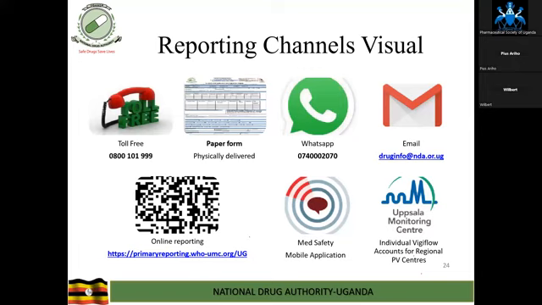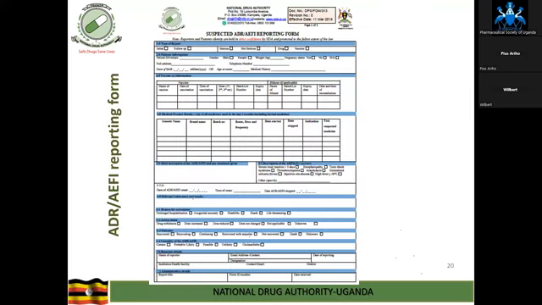Pharmacovigilance aggregates information regarding pharmacovigilance for the whole world. So this is what our form looks like, and it gives you details on what should be. It has information about the patient, information about the drug or the vaccine, information about all the other medical products the patient was taking, the description, the narrative of what happened, and any other lab tests that were done, and any action.